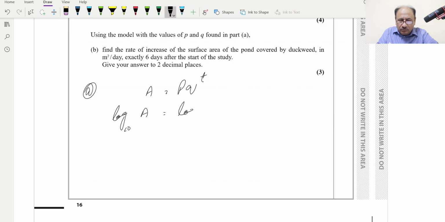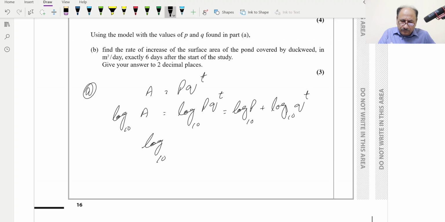So log A is equal to log of p q raised to the power t, and we can separately take log of p plus log of q raised to the power t, and we can rewrite it in another arranged form like this one.